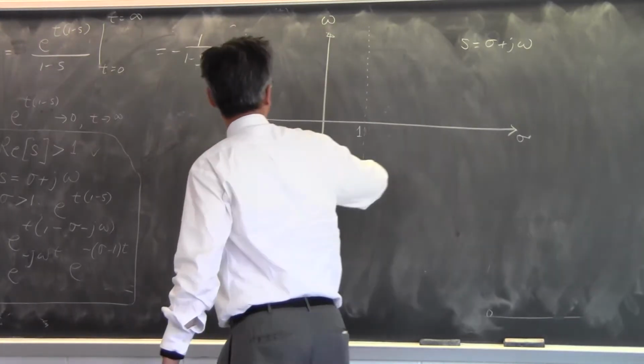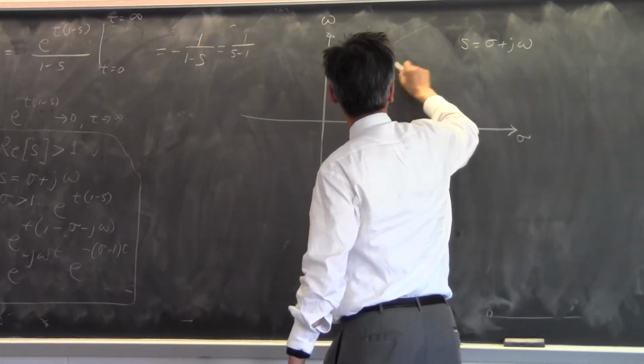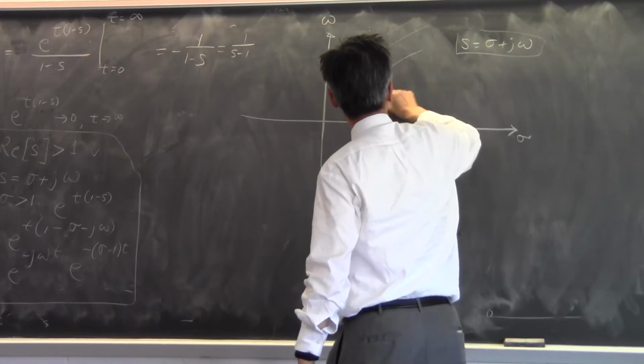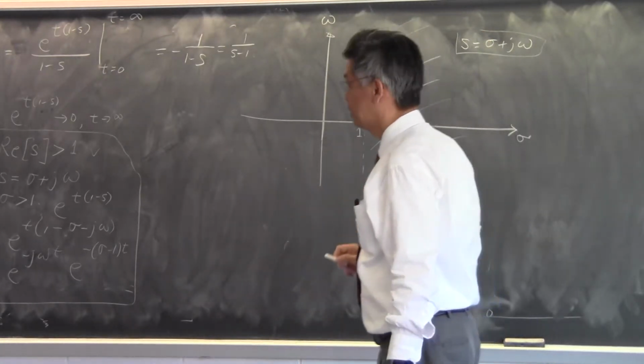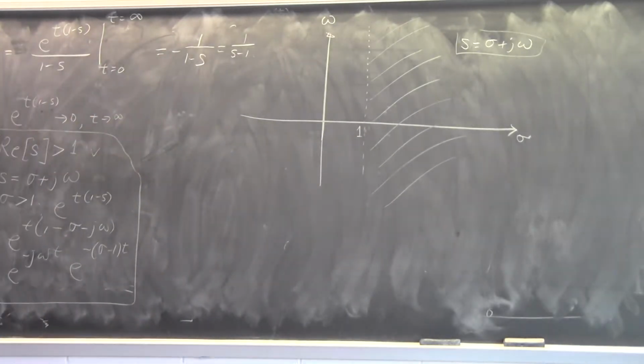So for s on this complex s plane, if I take my s values to be over the shaded region, then the integral converges, and then we say that the Laplace transform of this function exists. It only exists for that part of the complex plane. Is this clear? It's something in addition to the Fourier transform.